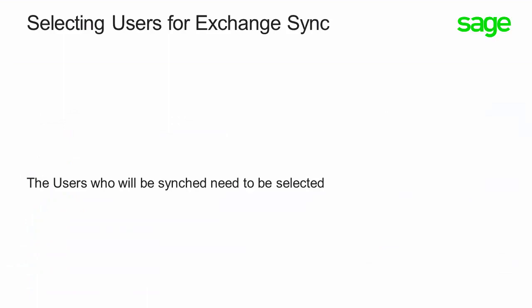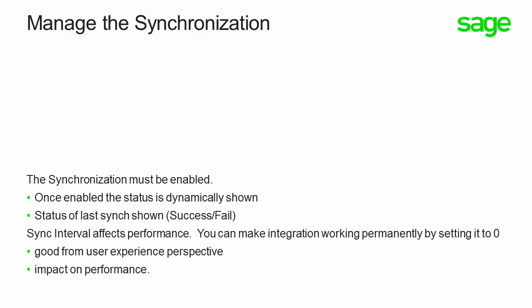But we've got the idea that we can select users for the Exchange sync. So we go ahead deciding which users are going to be synced. Then within the administration screens, we go into the enablement of the synchronization. Once it's enabled, it's going to show its status dynamically.